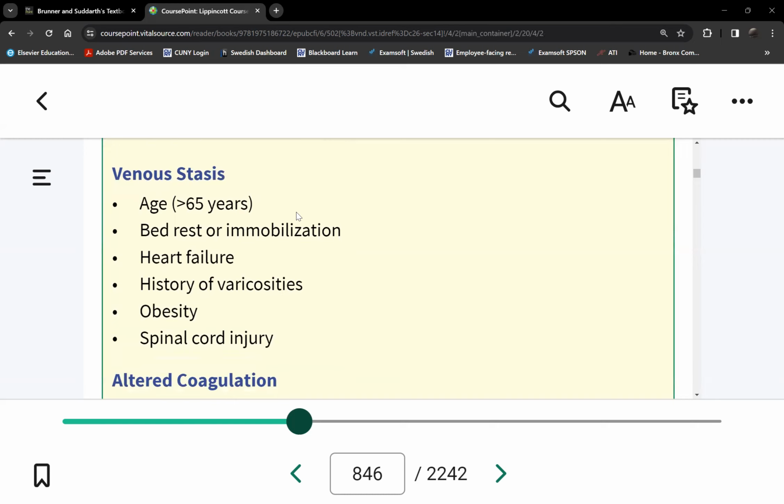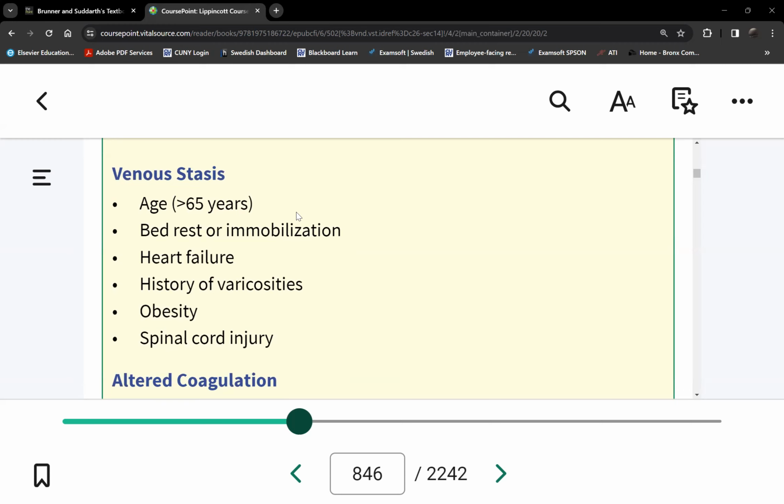Second is venous stasis. So venous stasis is any condition, cardiac or mobility. So we talked about mobility problems this morning, from Parkinson's to spinal cord injury, multiple sclerosis, ALS, Huntington's, right? So those conditions have some form of immobility.